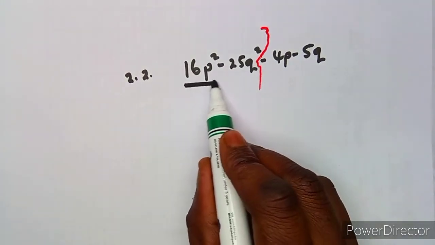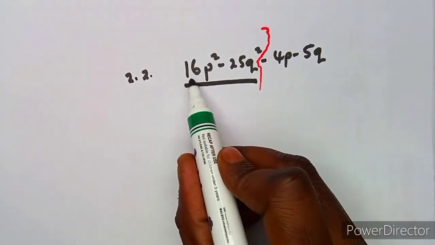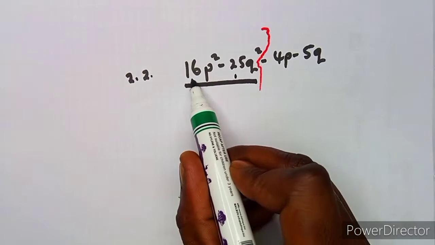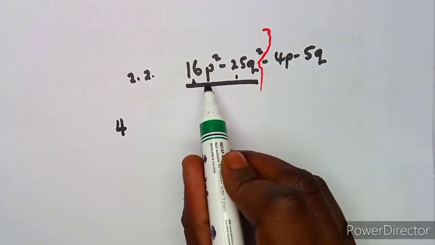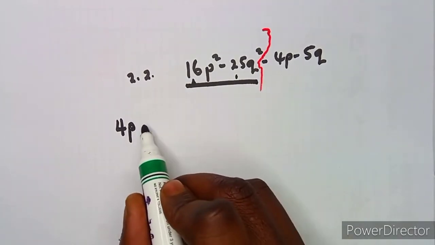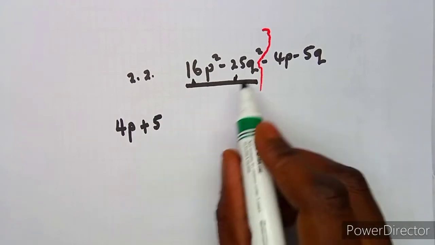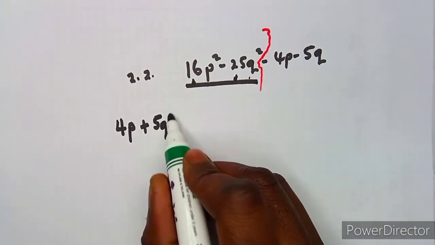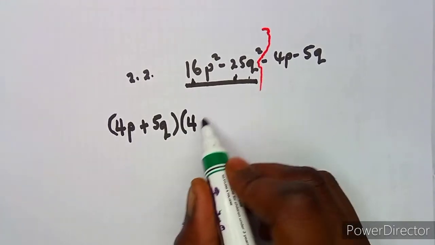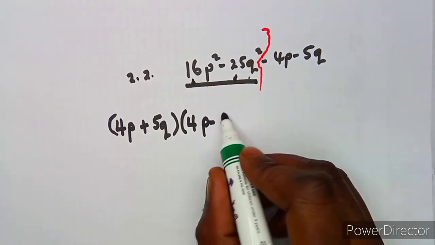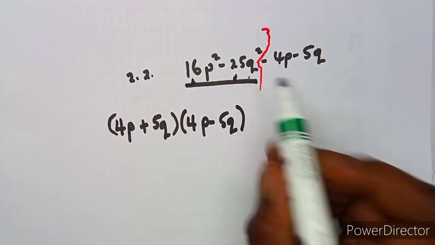But as you can see here, there is nothing that is common, but this is a direct difference of 2 squares, because the square root of 16 is 4, and p squared is p, plus the square root of 25, which is 5, and q squared is q. So remember, your difference of 2 squares, guys, one bracket is going to add, another bracket is going to subtract, like this.